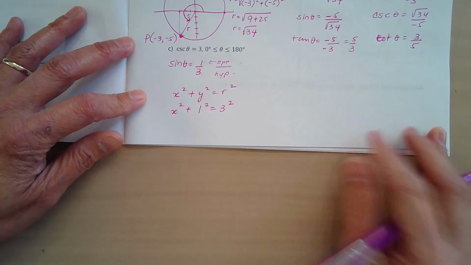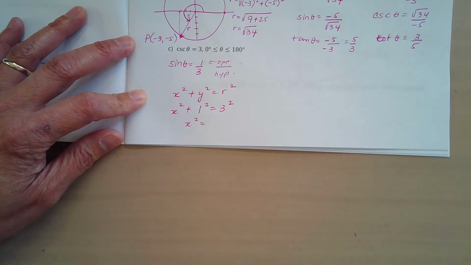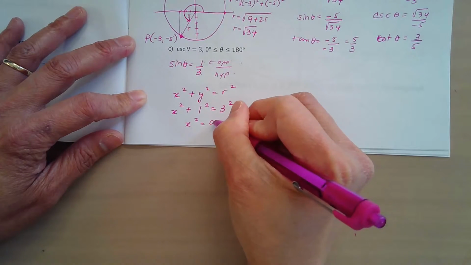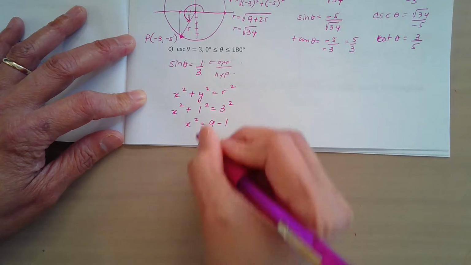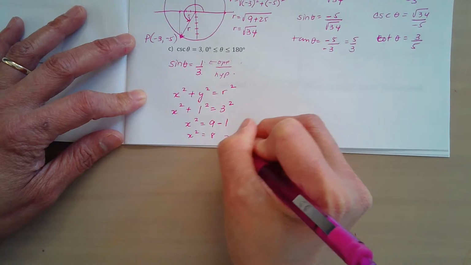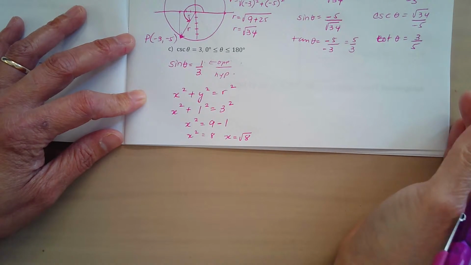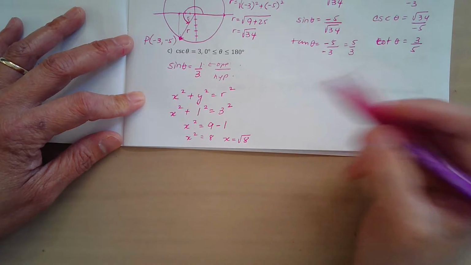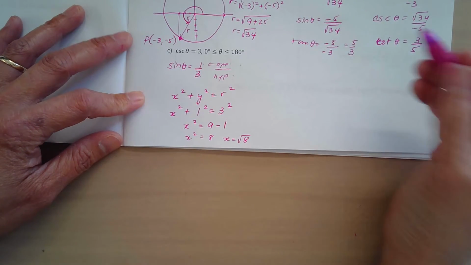How can you figure out x squared? x squared is equal to 9 minus 1, so x squared is equal to 8. So x is equal to the square root of 8.